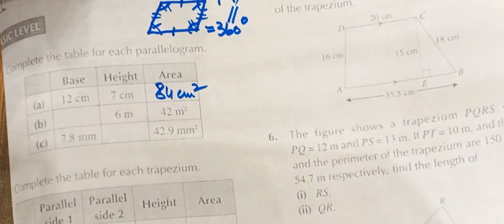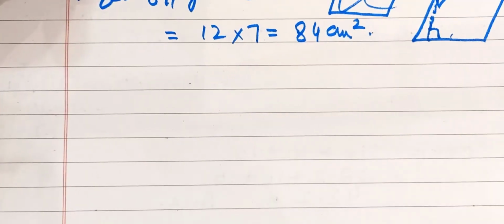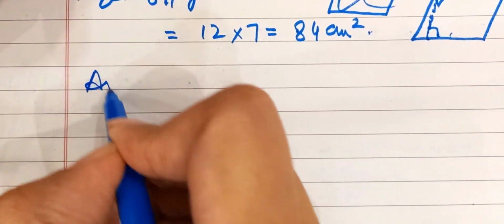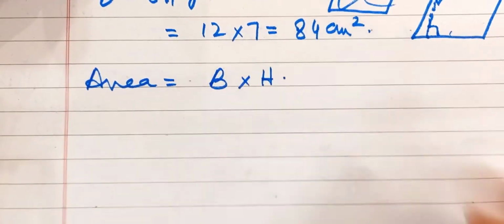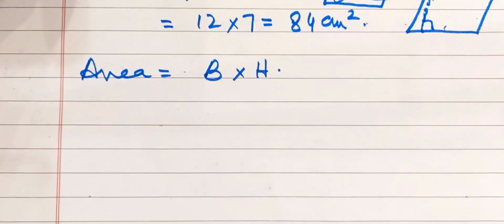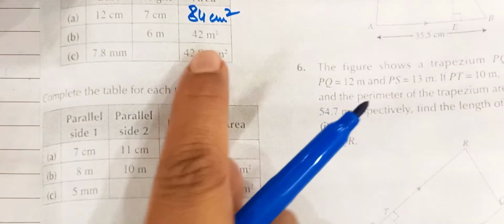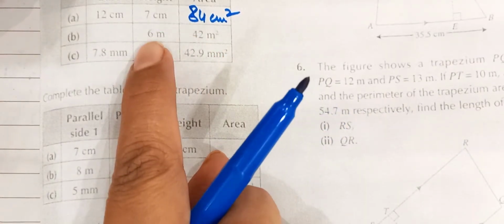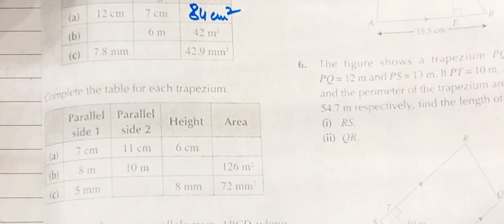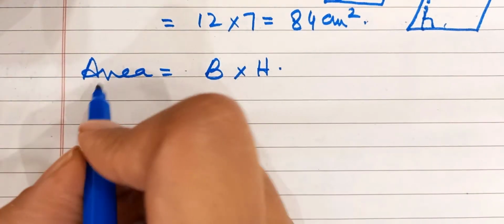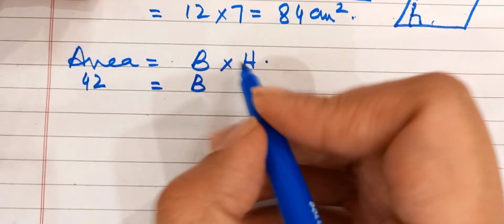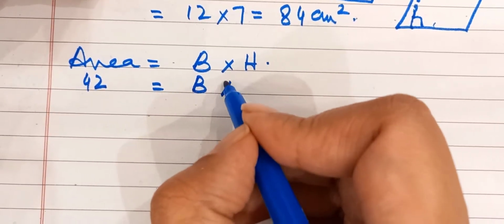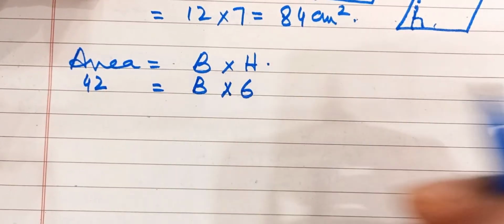So first of all, I will write down the formula, which is area is equal to base into height. Now they have given me area which is 42 and height which is 6. So I will replace area with 42, base will remain b, and height would be replaced with 6.